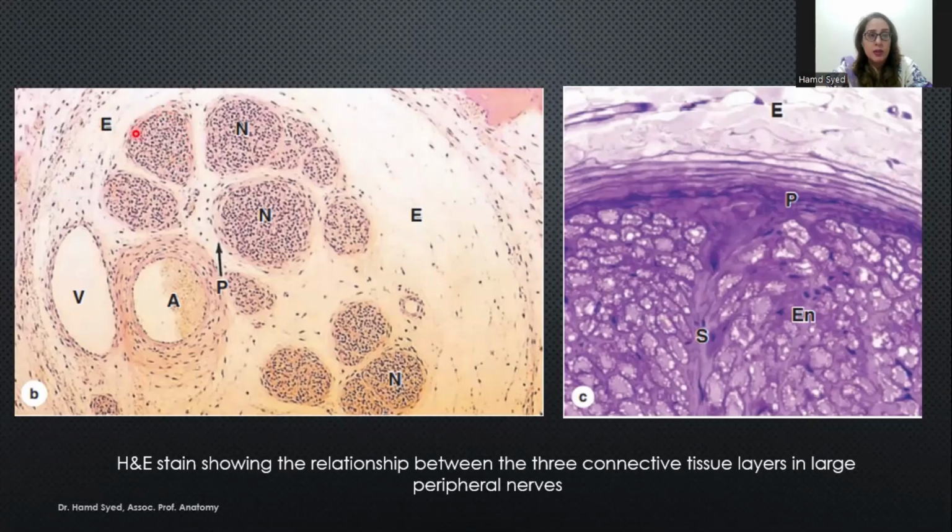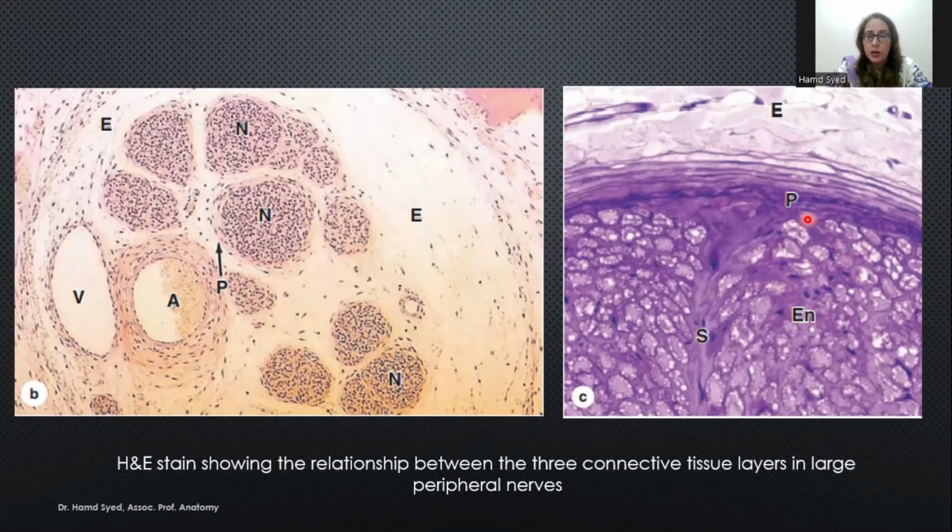Then you can see the bundles of nerve fibers, and these bundles are surrounded by a connective tissue layer, which is the perineurium, labeled as P in this micrograph. If we look at this individual fasciculus at a higher magnification, we can see it consists of nerve fibers, and each nerve fiber is surrounded by a delicate, thin connective tissue layer, which is the endoneurium.